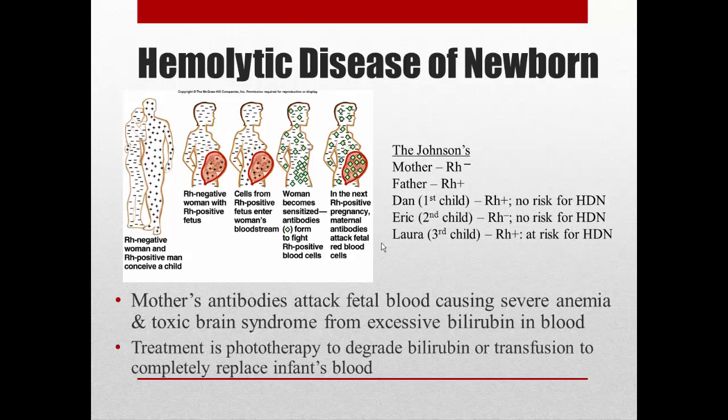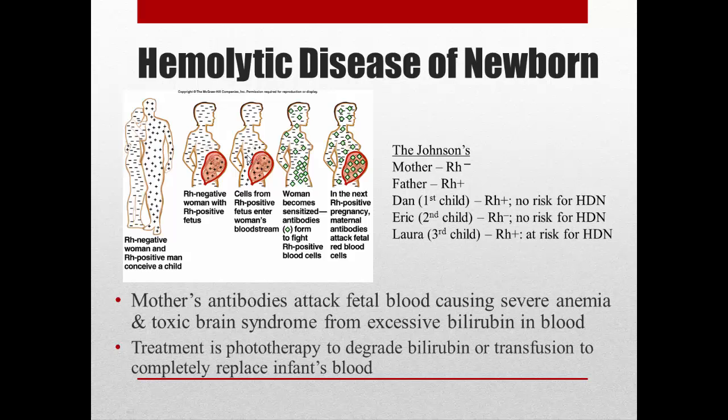Well, now to prevent this whole thing, we're going to give the mother RhoGAM, and that's mentioned at the bottom of the previous slide. RhoGAM is basically Rh antibodies. So back here at the first kid, when my mom's pregnant with Dan and mom gives birth, those Rh antigens are now in my mother.